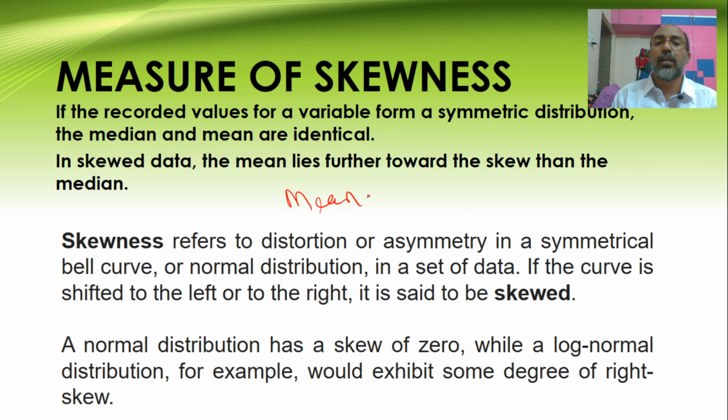Whereas if mean, median and mode are not identical, that is different. Mean equal to median equal to mode is called normal distribution data.